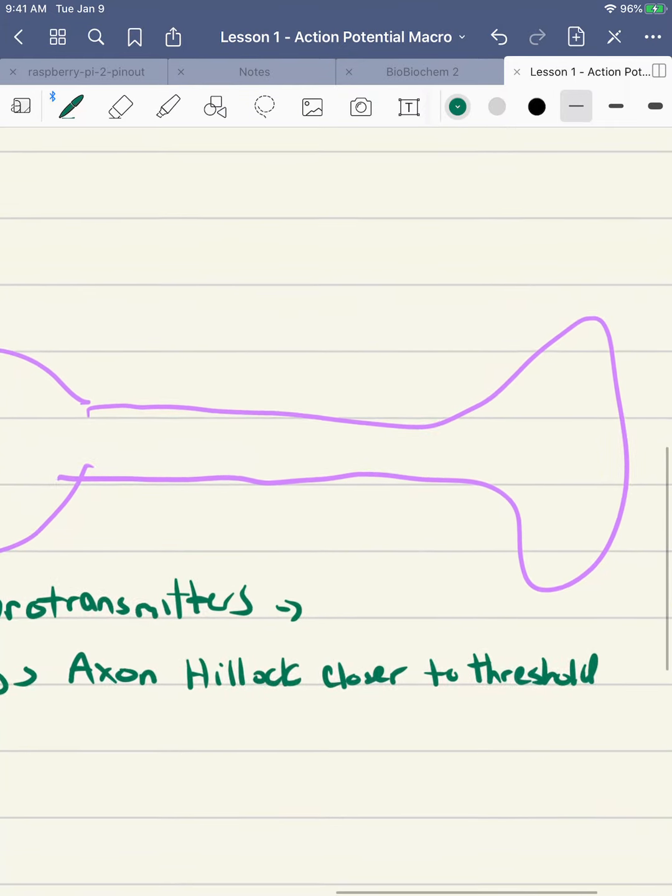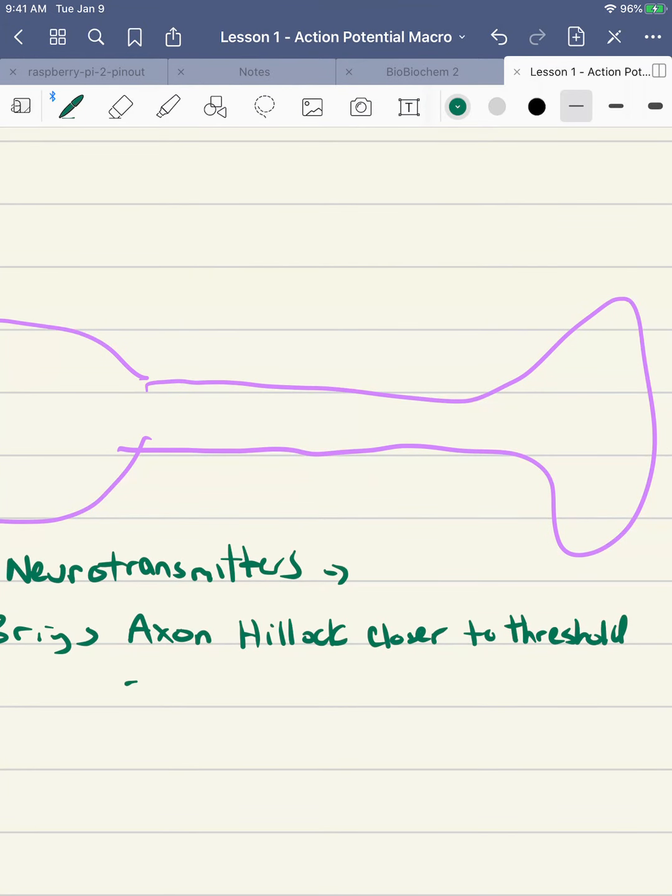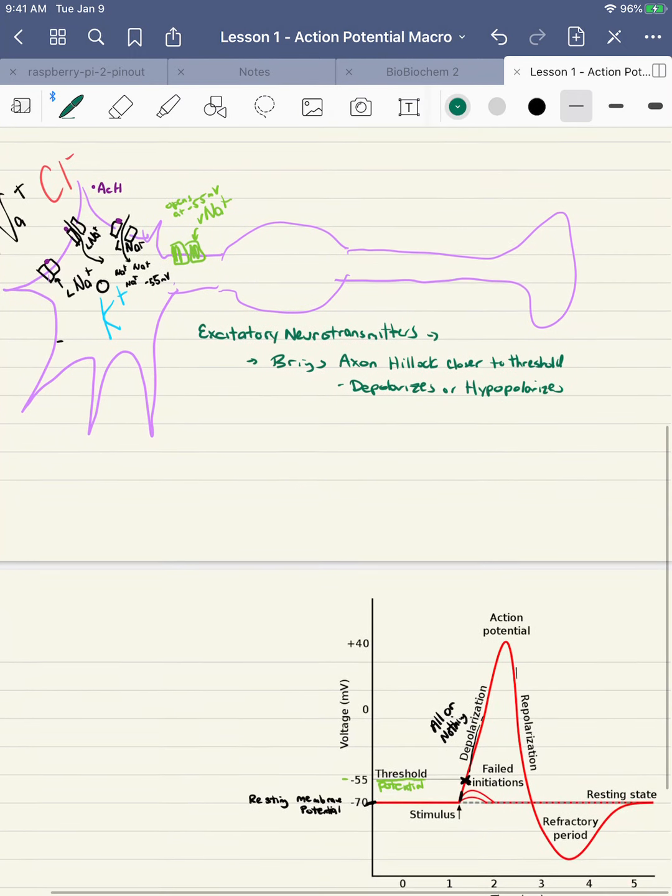And we have a name for that. We call this, it depolarizes. Or I like to more say hypopolarizes, because it makes the cell less negative.